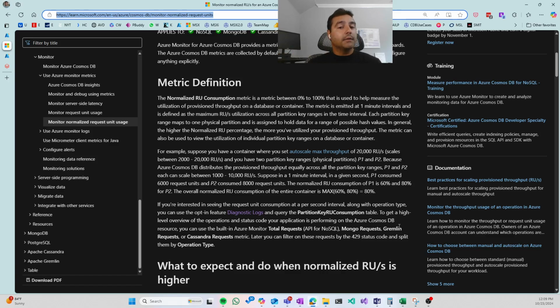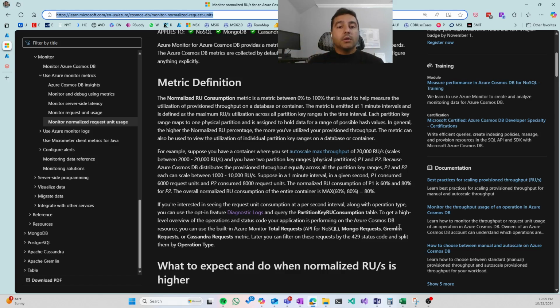But bear in mind that it is a factor of the current provisioned throughput. So if you have autoscale, you need to take into account the current provisioned throughput for your collection in order to assess what your normalized RU is.